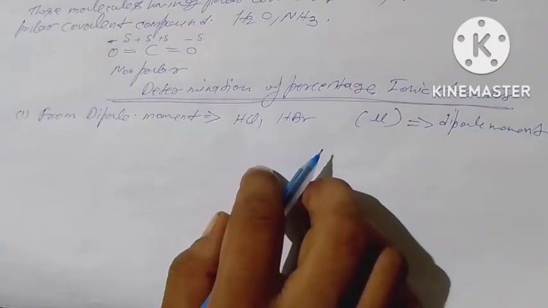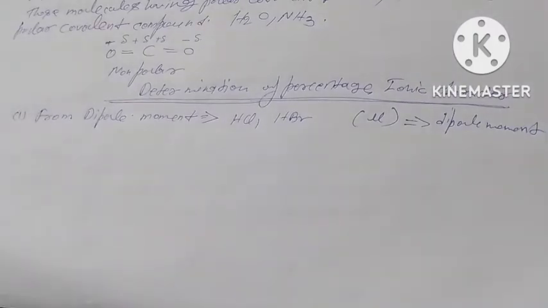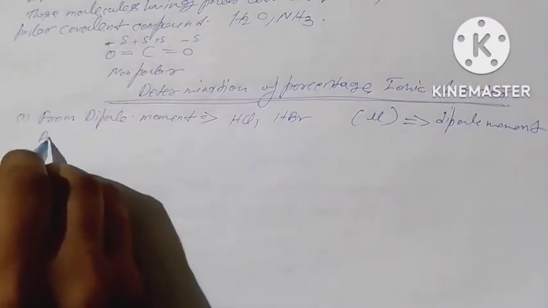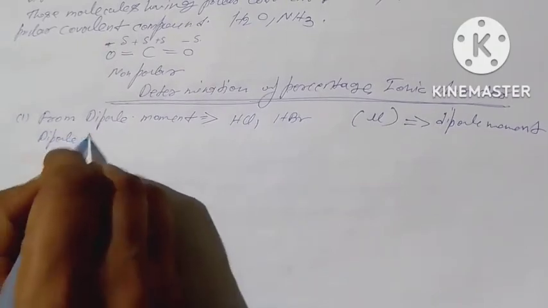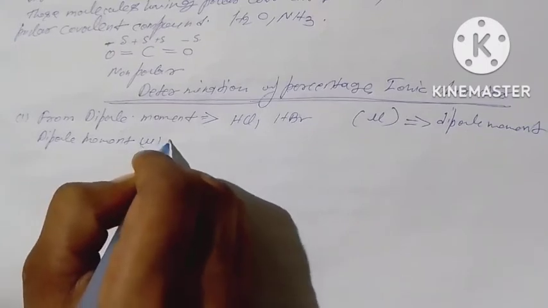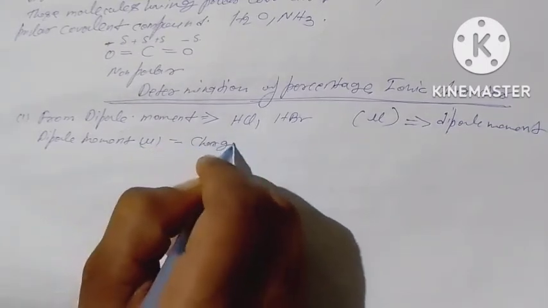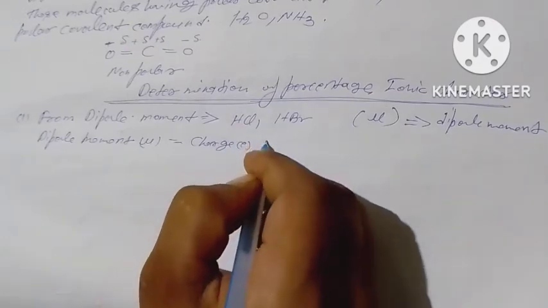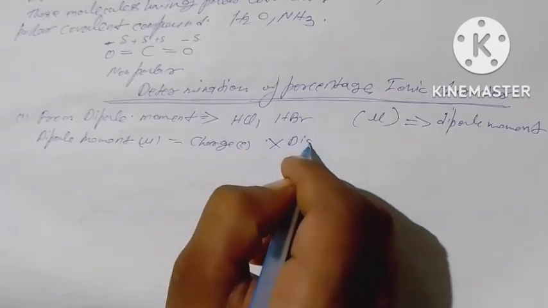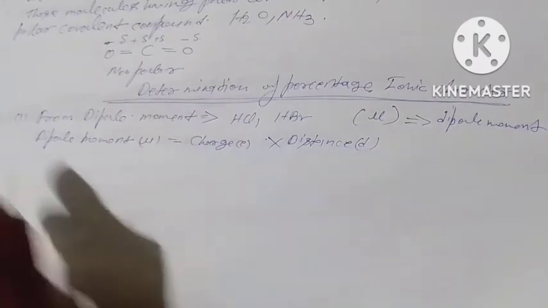The product of the charge and the distance between the two charge ends is called dipole moment. Dipole moment mu equals charge e multiplied by distance d.